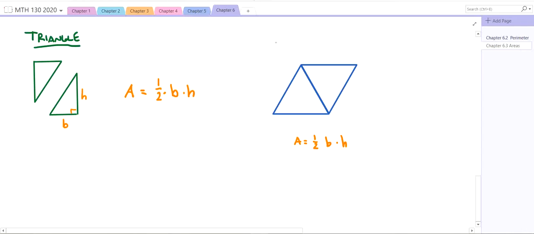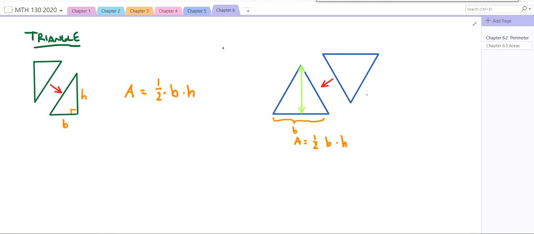But the base is, of course, this distance. And our height is the perpendicular distance between the two parallel lines, if you recall.